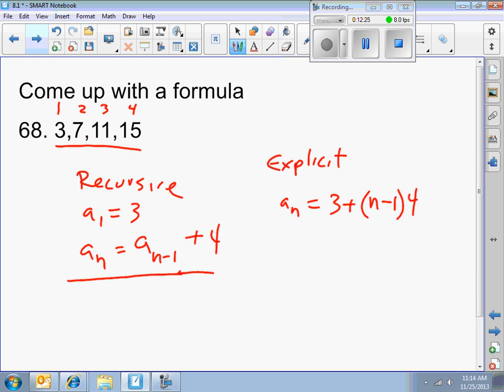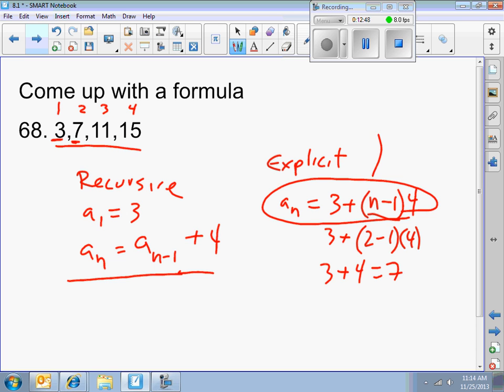So let's see if that works. 1 minus 1 is 0, and 0 times 4 is 0, so it's 3. That worked. If I put a 2 in here for n, I get 2 minus 1 times 4 plus 3, which is 3 plus 4, which is 7. And you can see that I did come up with the right formula.